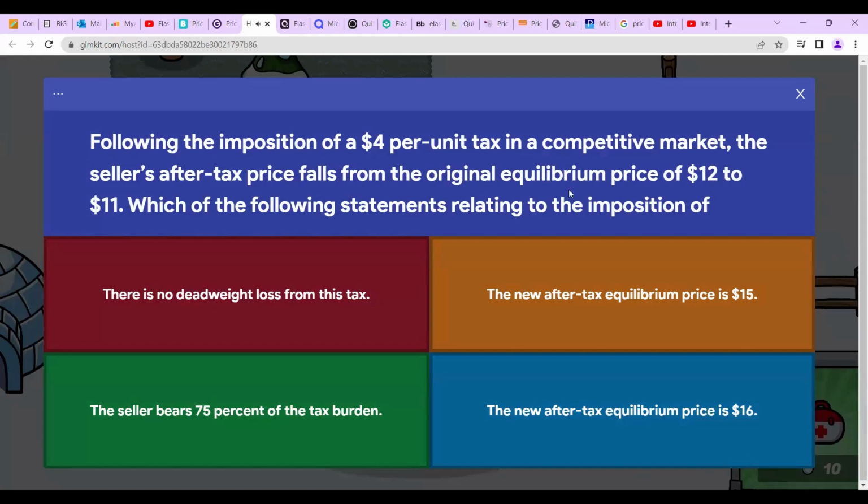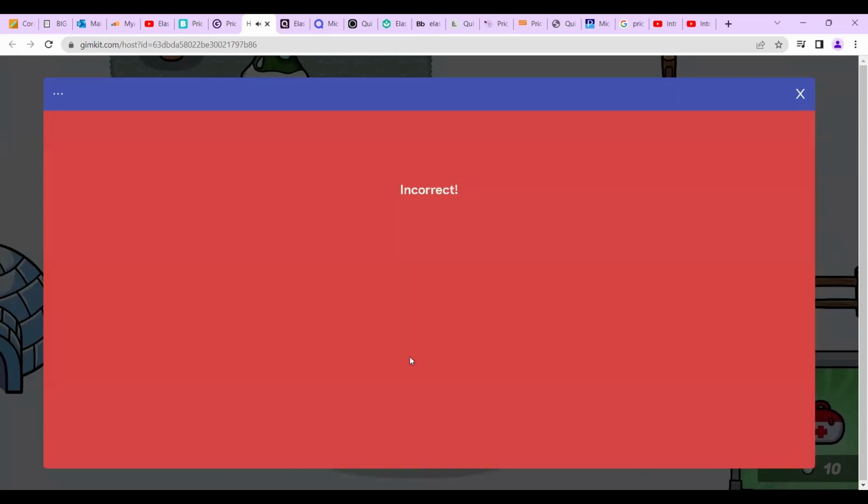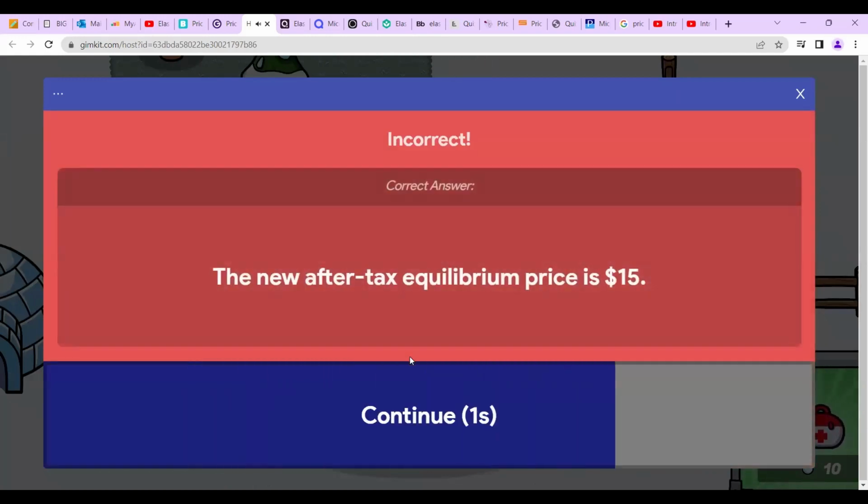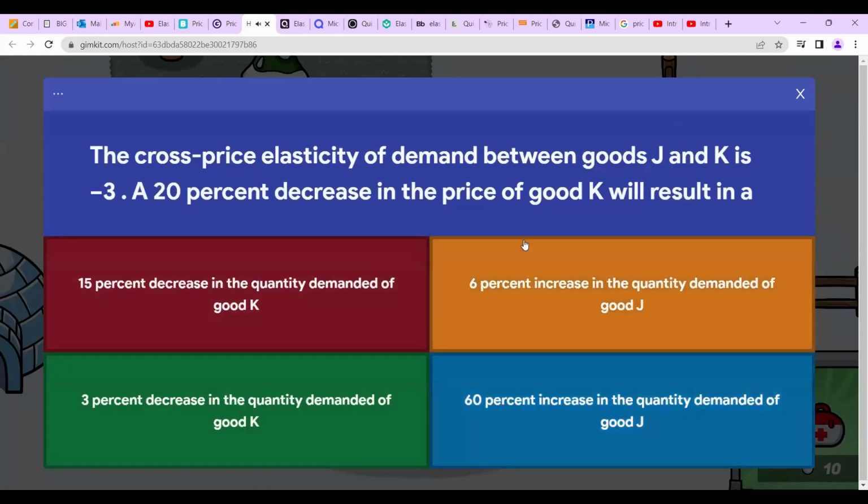following the imposition of a $4 per unit tax in the market, the seller's offer tax price fall from the original equilibrium price of $12 to $11. Which of the following statements relating to the so the new after-tax equilibrium price is 15.